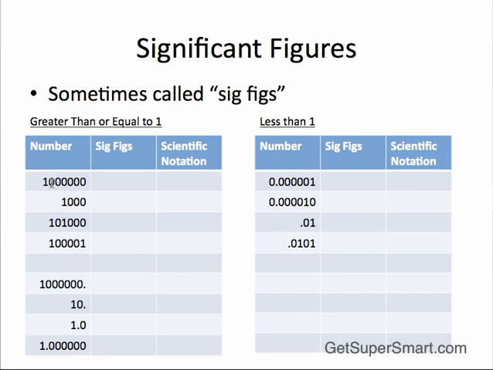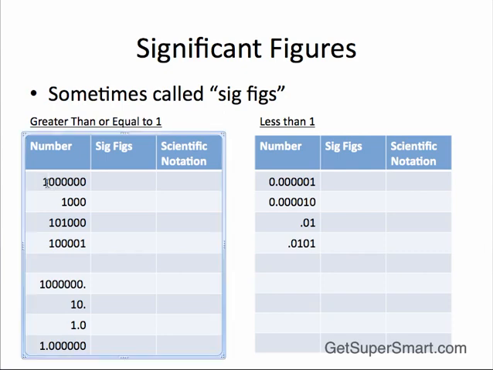Now we have a non-zero digit, the number 1. Our first non-zero digit and everything further to the left is going to be significant. In this case, we only have one number, so 1 is our first non-zero digit and also the only significant figure. One significant figure here.